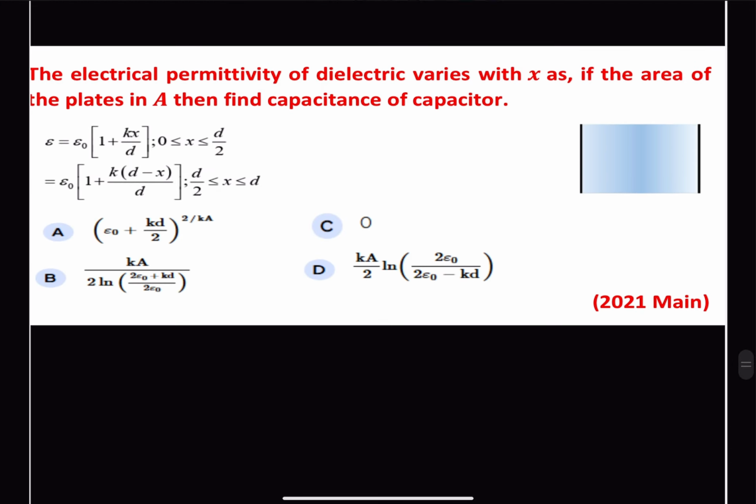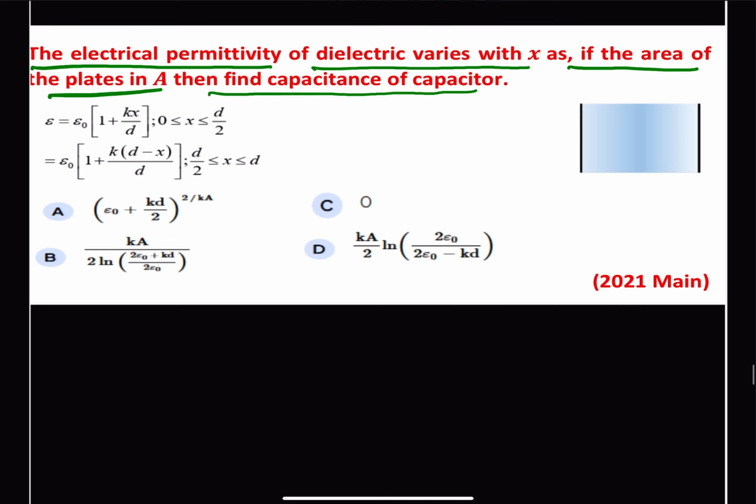We are given the electrical permittivity of the dielectric varies with x. If the area of the plates is A, then find the capacitance of the capacitor. So permittivity is given by these two equations.